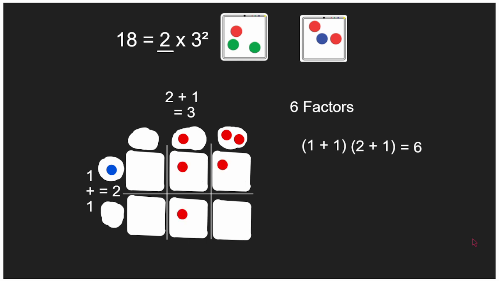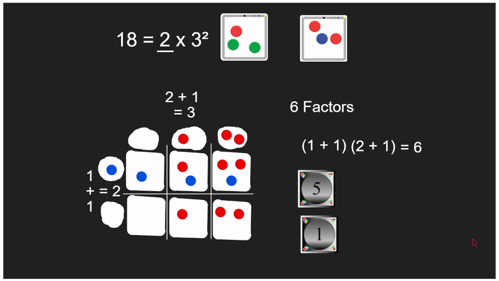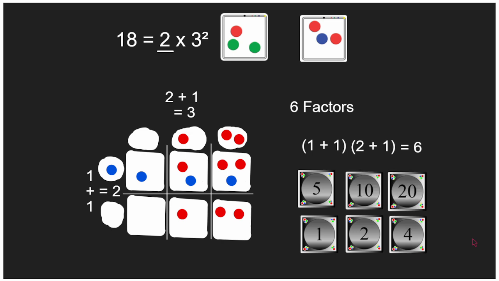Let's have a look. See, the same: either 0 reds, 1 red, or 2 reds, and then either no blues or 1 blue, and this should be all the factors. And you can see there's 1 and 5, that's 2, and that's 4. There you go. So that's the idea.